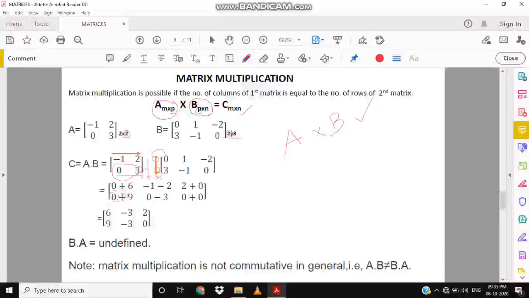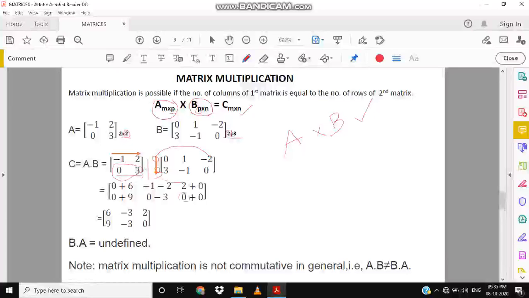Now similarly we'll do it for the other one. That is, this 0 will be multiplied with 1. That gives you 0. Then this 3 multiplied by -1 gives you -3. Right? Same way, again this 0 gets multiplied by the number -2, which gives you 0.